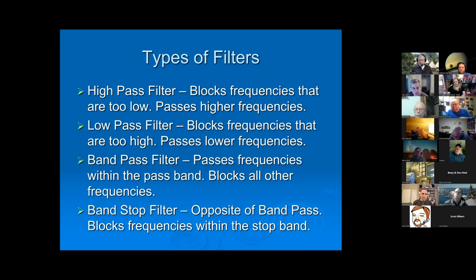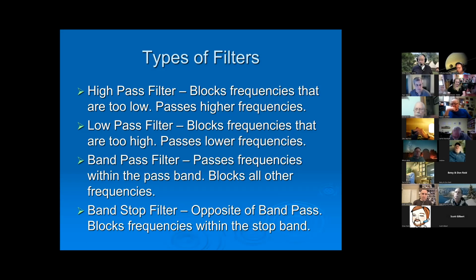A bandpass filter is a hybrid of a high pass and a low pass filter, where it will block certain lower frequencies and it will block certain higher frequencies, but there's a sweet spot right in between that's called the band pass. Those are the frequencies that are going to be passed. Typically, this type of filter is going to be designed so it will straddle a particular band.